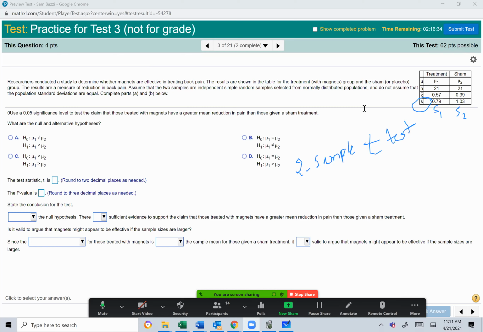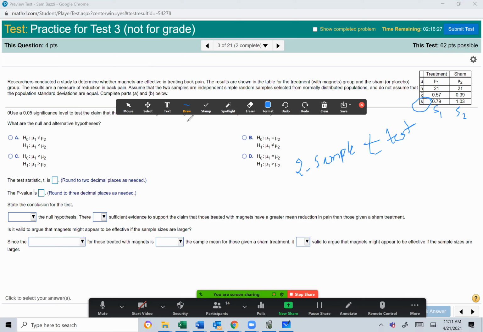And do not assume that population standard deviations are equal. This last statement, guys, should give you a hint for pooled. When he says don't assume that they are equal, so pooled is no. And when you know there is a pooled in the question, it must be a two sample T test. It can't be any other test.